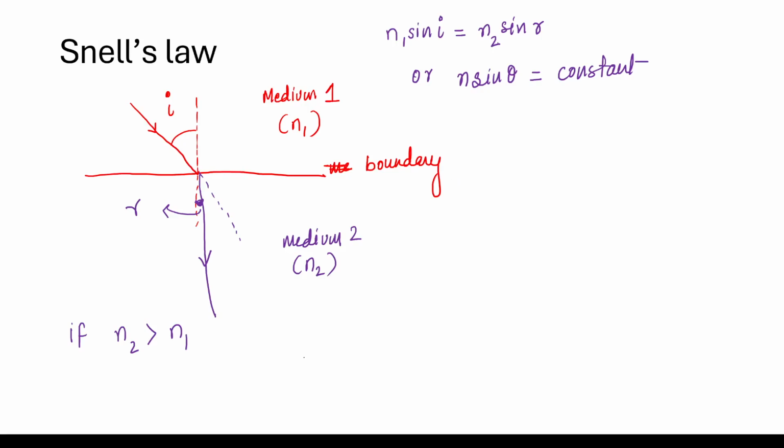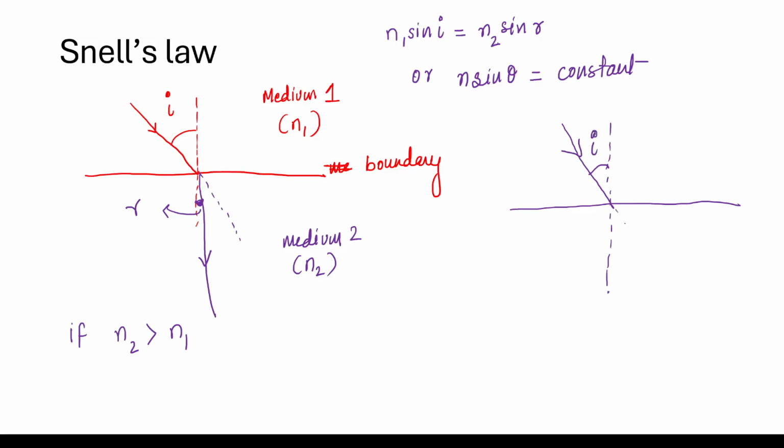Okay, let's make this diagram again, if n2 is less dense. Again the thing I need to draw is a normal. So we've got the normal. My light ray is now incident. Angle of incidence is i.